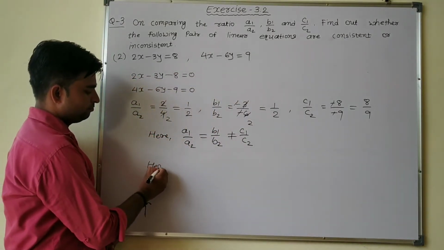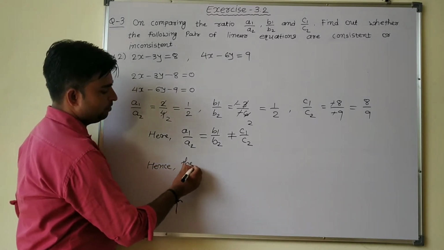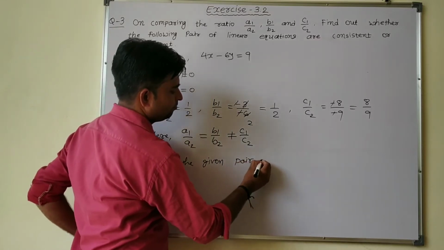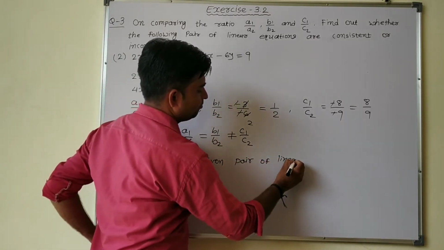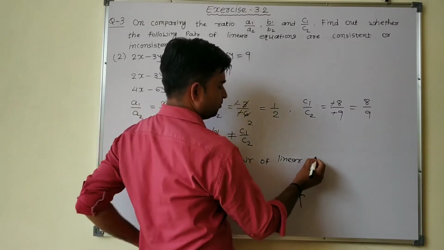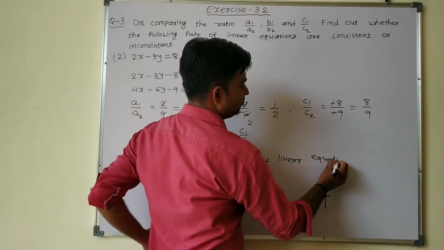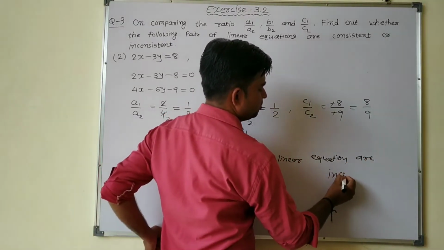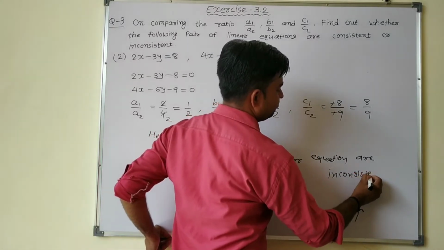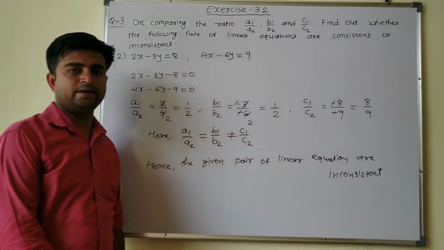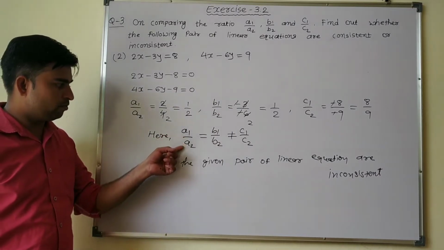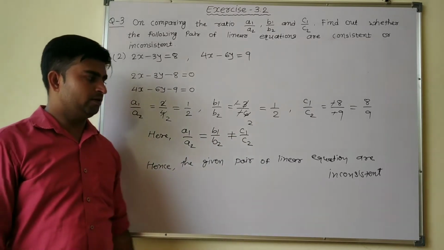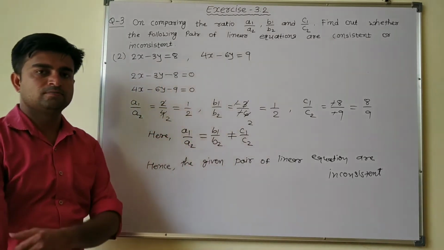Hence the given pair of linear equations are inconsistent. So this is the second answer. If we get A1 upon A2 equal to B1 upon B2 not equal to C1 upon C2, then the given equations are inconsistent.